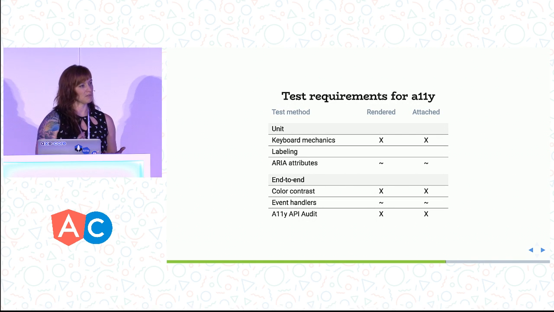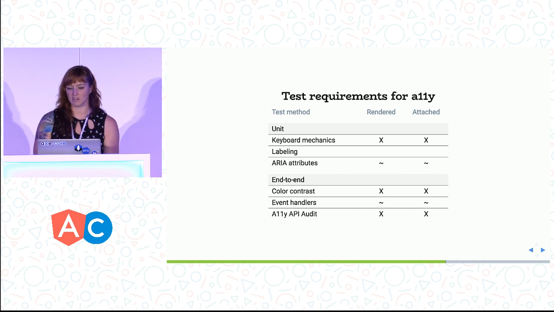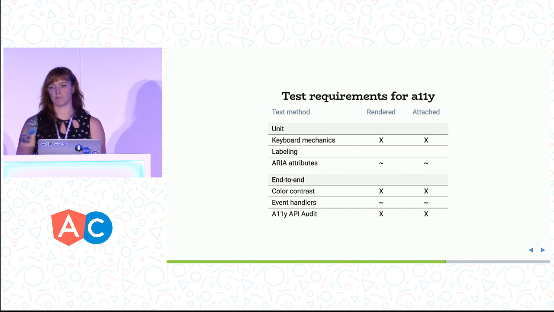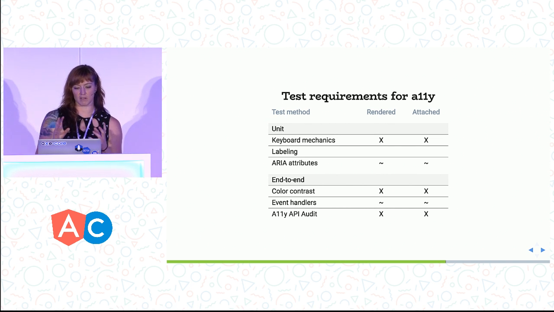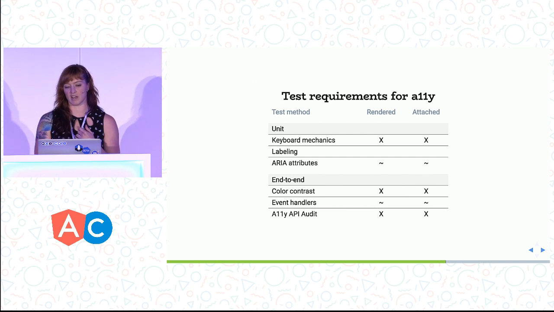I have to tell you that the biggest sticking point for accessibility testing is that for most of the checks that we run, the DOM has to be rendered and it has to be attached. I have a table on the screen that compares, for tests you were going to run, whether they have to be rendered and attached.